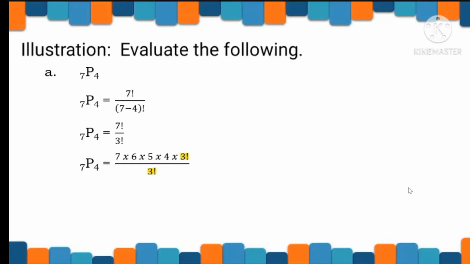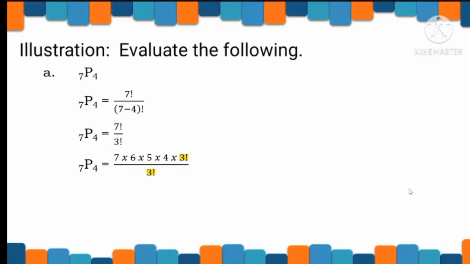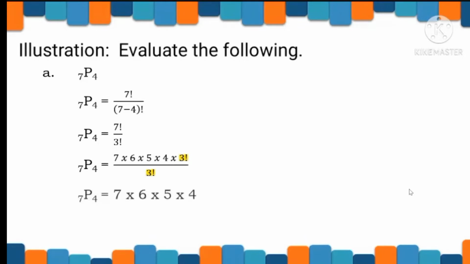Observe that we have 3 in our numerator and 3 in our denominator. We can cancel that. Therefore, the answer is 7 times 6 times 5 times 4, which is equal to 840.